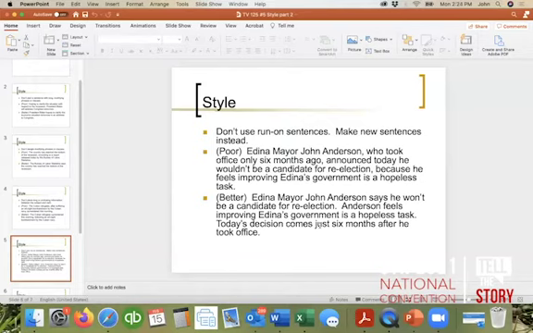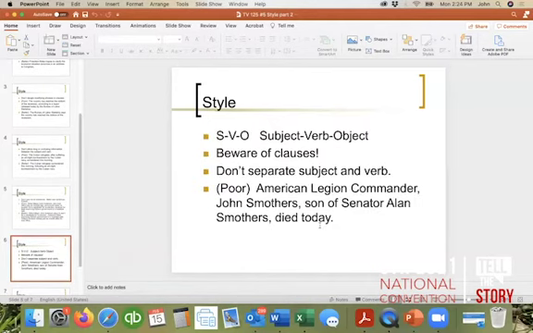Anderson feels improving Edina's government is a hopeless task. Today's decision comes just 6 months after he took office. 3 nice, short, concise sentences saying the same thing, but a whole lot easier to read, a whole lot easier to follow and understand. Subject, verb, object. We talked about this. Beware of clauses.